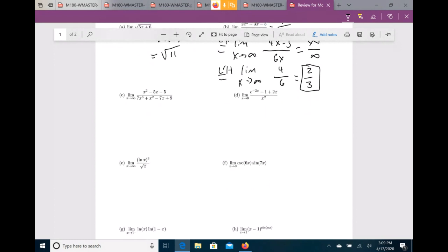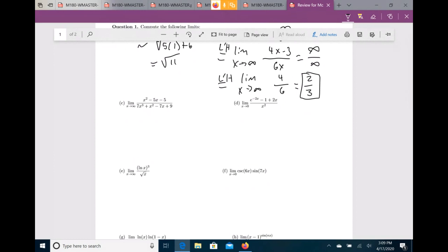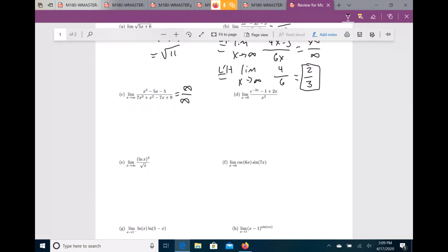All right. The next one is another limit of a rational function going off to infinity. This will still look like infinity over infinity, right? We can do the same thing basically, a few successive L'Hopital's rule applications. If I take the derivative of x squared minus 5x minus 5, I'll get 2x minus 5.